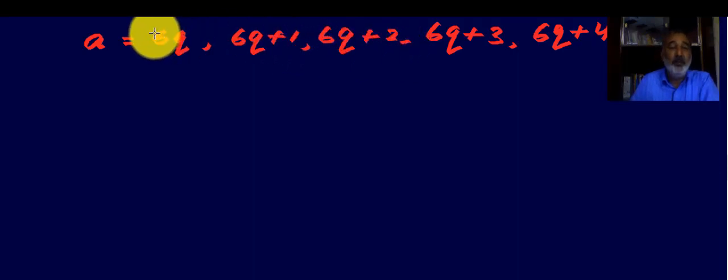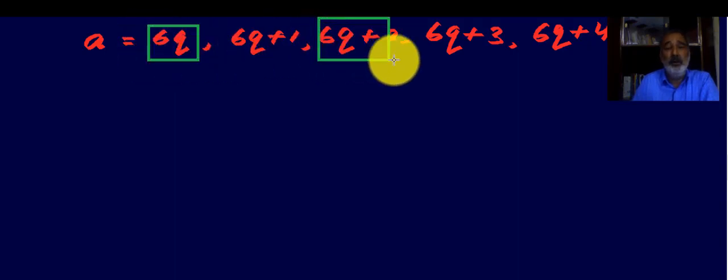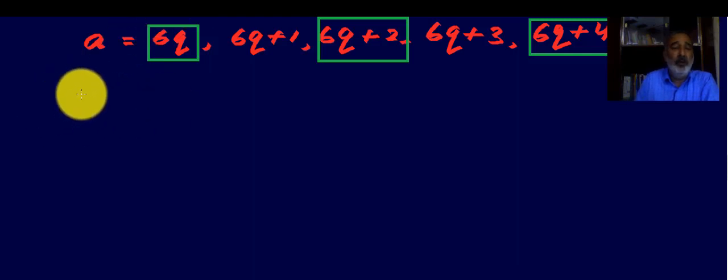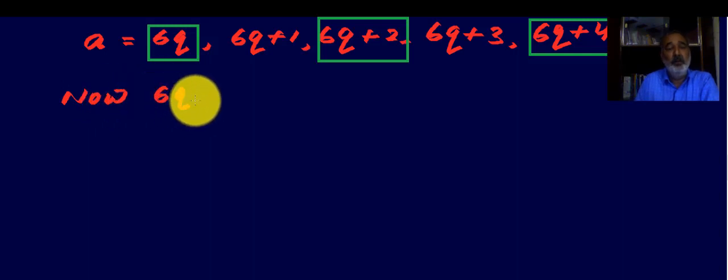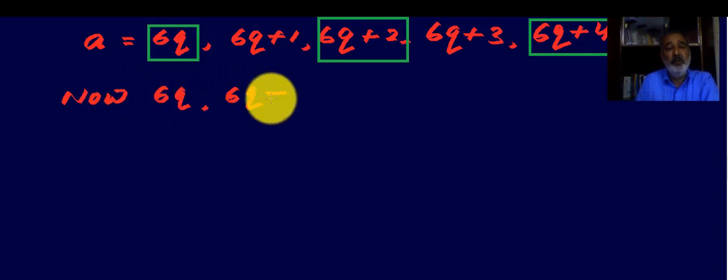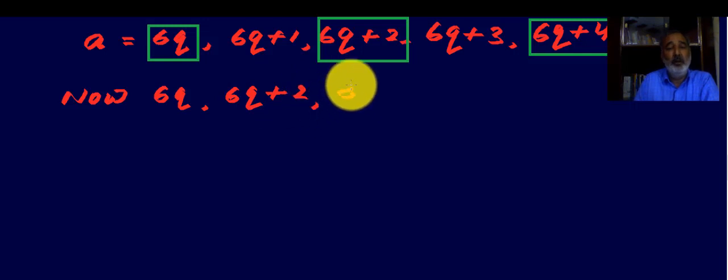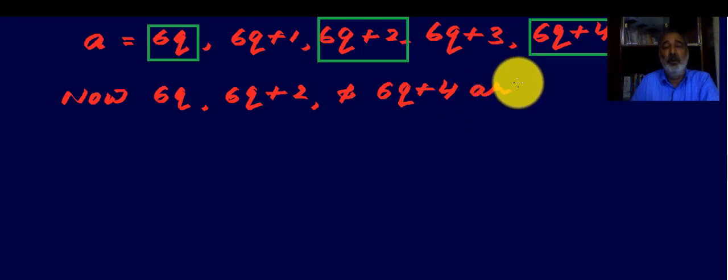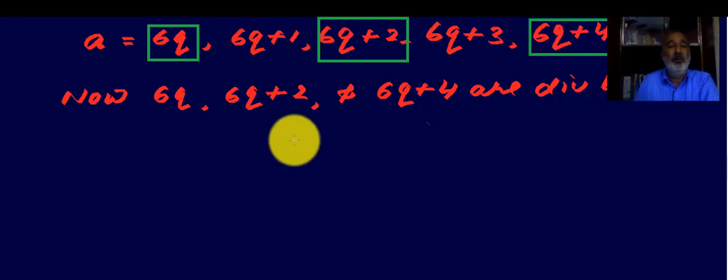I have selected these numbers already. Look at these three forms now. 6q, 6q plus 2 and 6q plus 4 are divisible by 2.